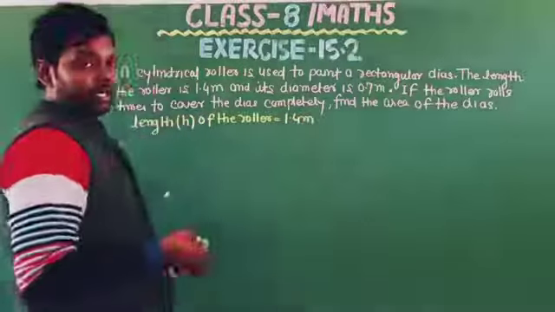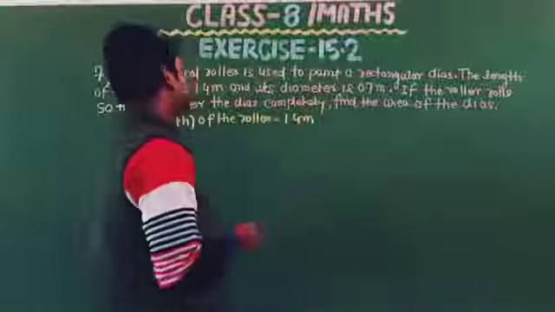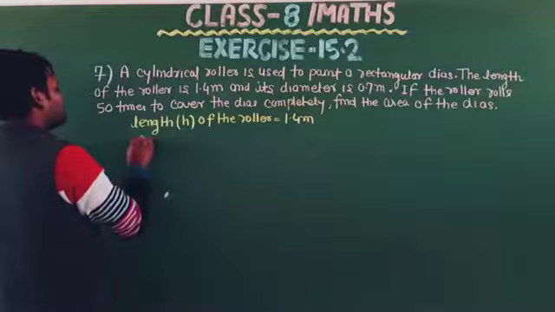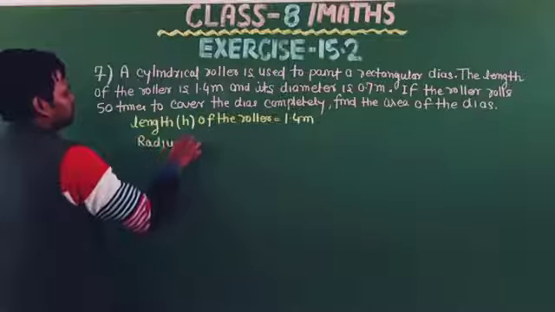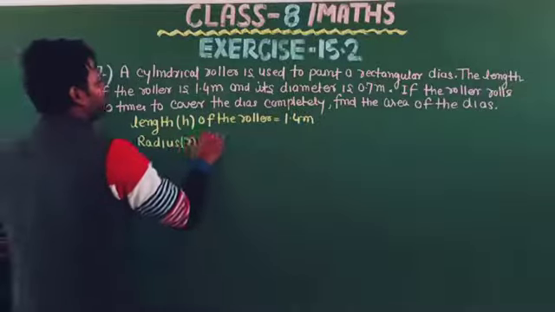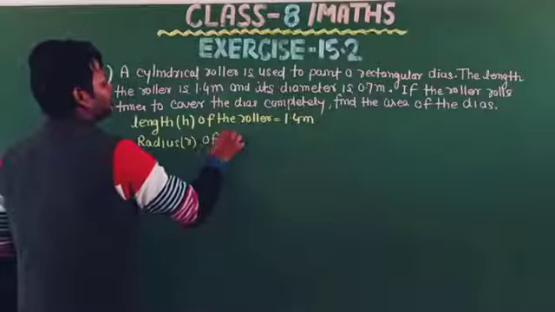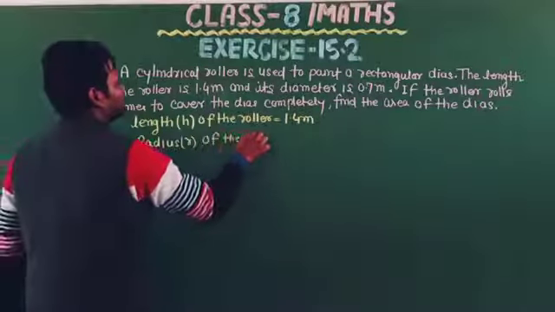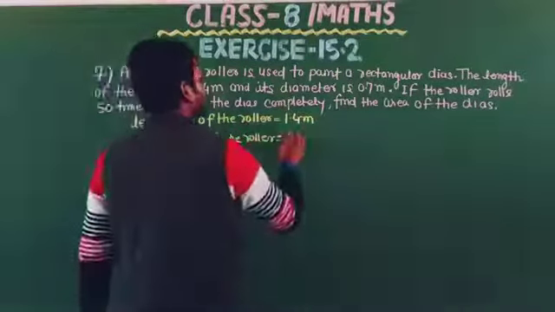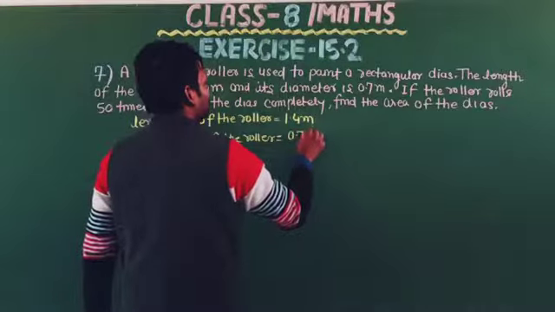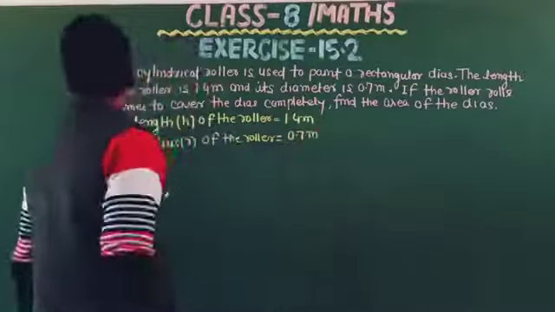Here diameter is given, so therefore radius r of the roller is equal to 0.7 meter. Okay.